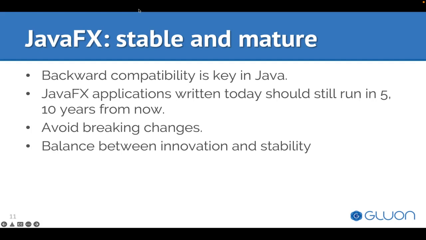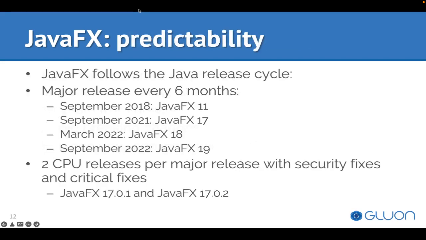That means that we really avoid making breaking changes, the same as in the OpenJDK project. This means that there's often a difficult balance between innovation and stability. Of course, we want to innovate as much as possible, but we don't want to break the existing stability. And this is one of the design goals of JavaFX. So it is baked into the development.